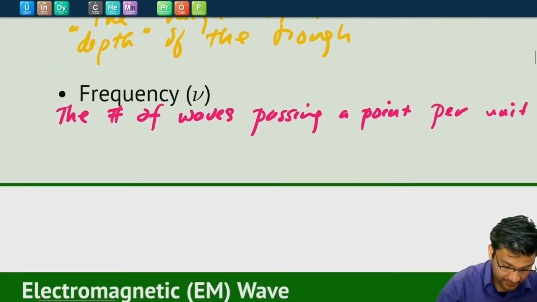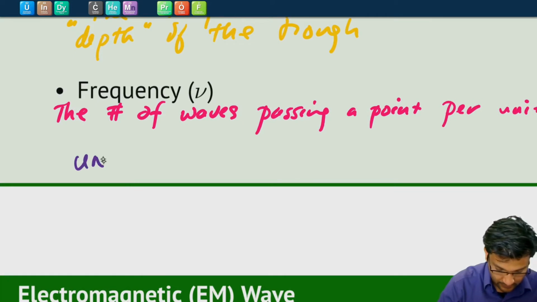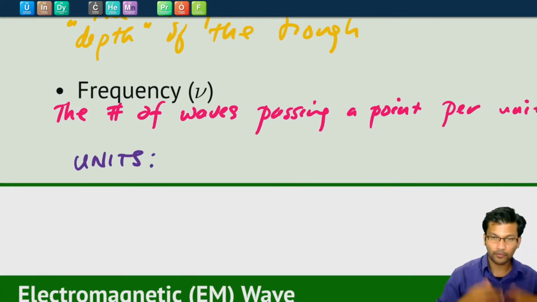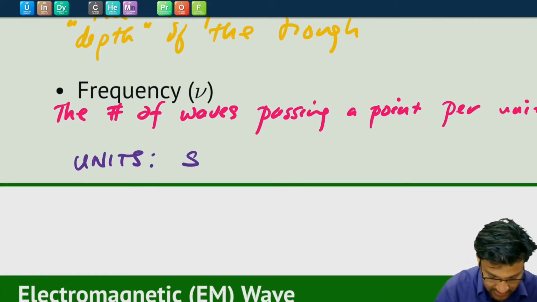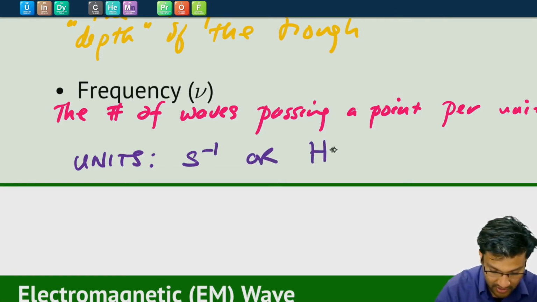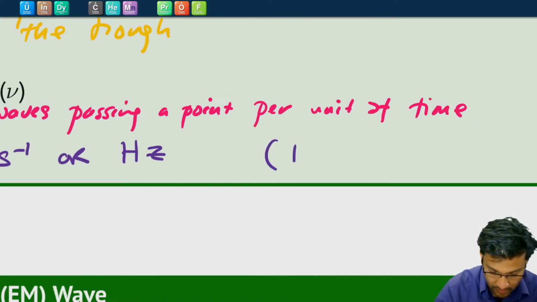And so the units for frequency are going to be waves per second or just per second. That's 1 divided by second. Or sometimes you would see people use Hertz, and that's because 1 per second is the same as 1 Hertz.